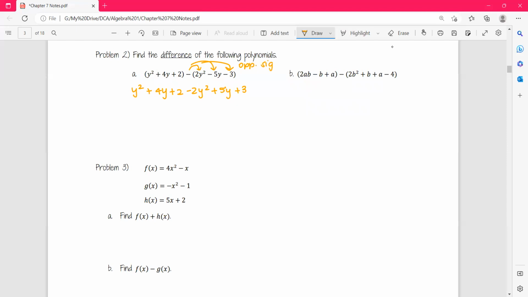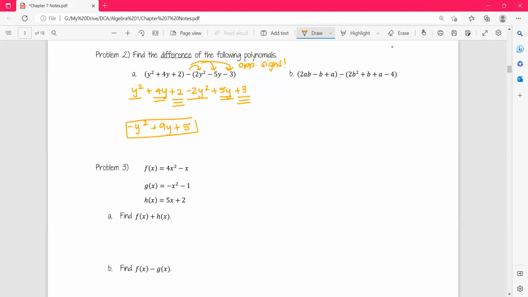That's pretty much what happens, right? Because when you multiply by a negative, you make it either a positive or a negative. And now we combine like terms, continue like normal. So I'm going to have y squared minus 2y squared. That gives me negative y squared. 4y plus 5y gives me 9y. 2 plus 3 gives me 5.